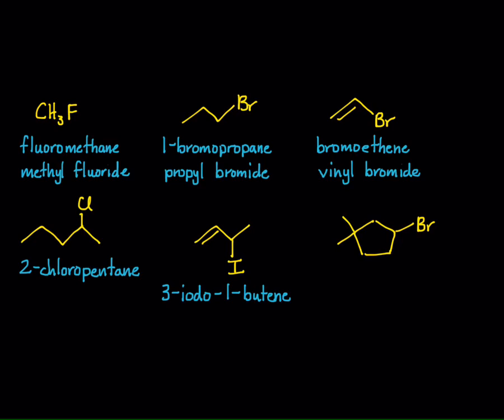So if I started with the carbon with the bromine attached, the locants would be 1, 3, 3, and if I started on the carbon with the 2 methyl groups, the locants would be 1, 1, 3, and therefore I'm going to start in that direction. So I get 3-bromo-1,1-dimethylcyclopentane.